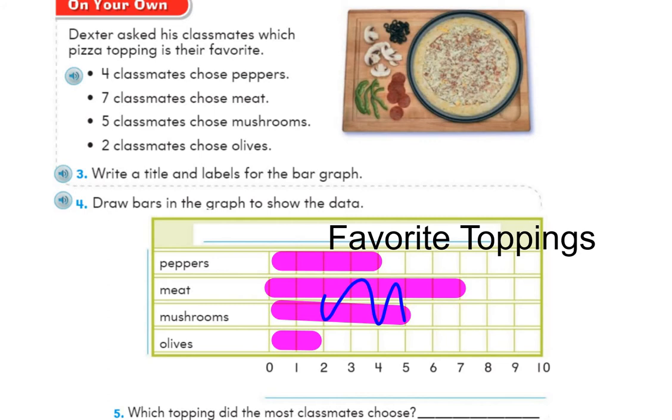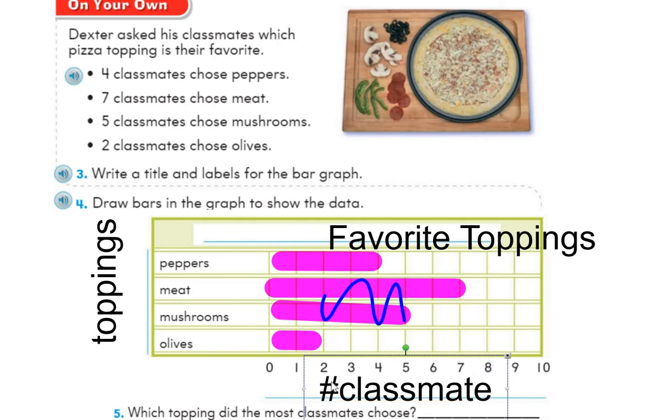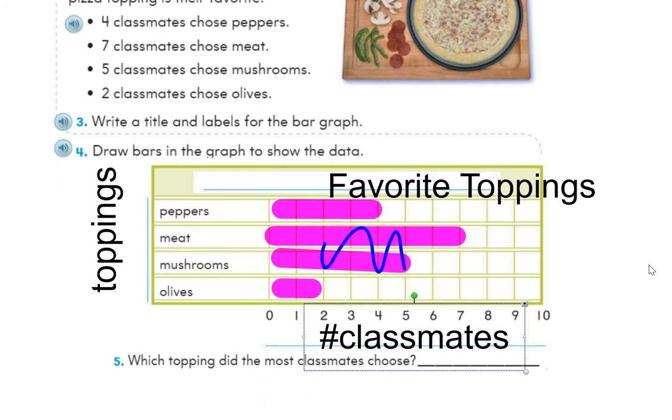Let me just try to type it here. And I think I can, yes I can, turn it sideways. And then these are the number of classmates who chose those toppings. So it's always super important to label your graphs.